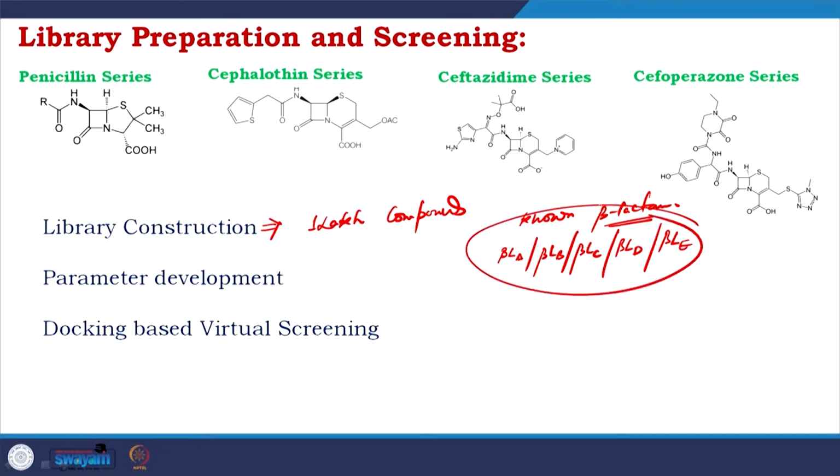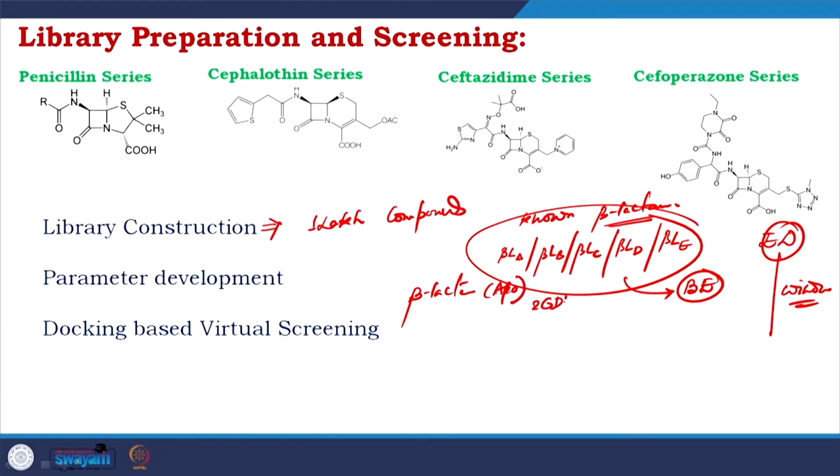We get their binding energies. From those, and comparing with their experimental data, we make a window of cutoff. That is used in the docking based virtual screening, where we take the beta lactamase in apo form, which is 2-GDN, that has some mistakes. So, we repair it and use it.